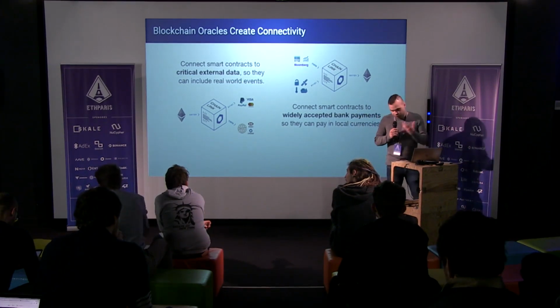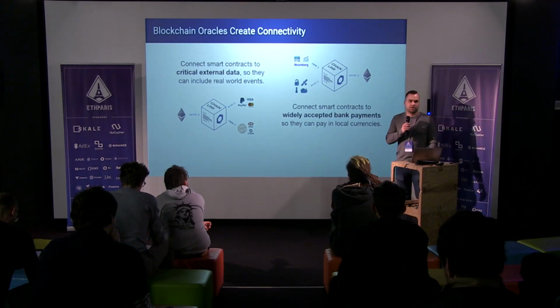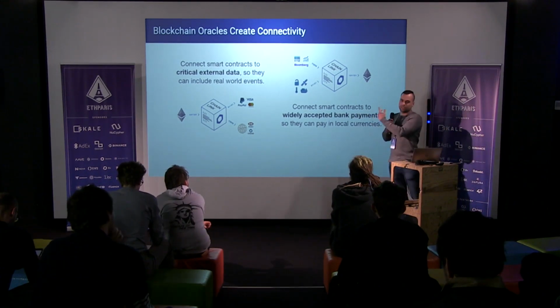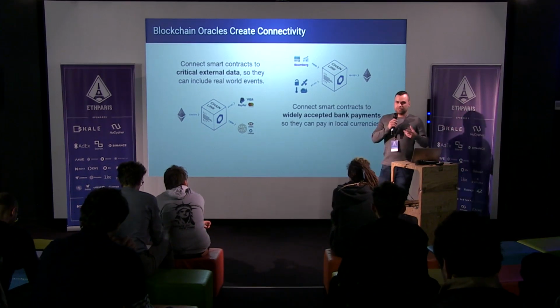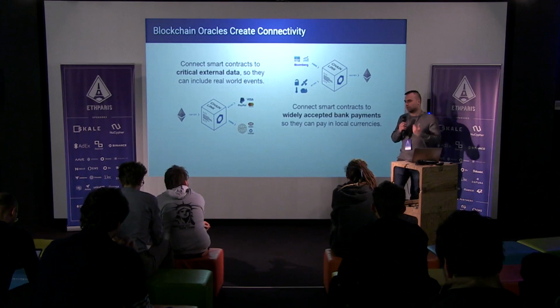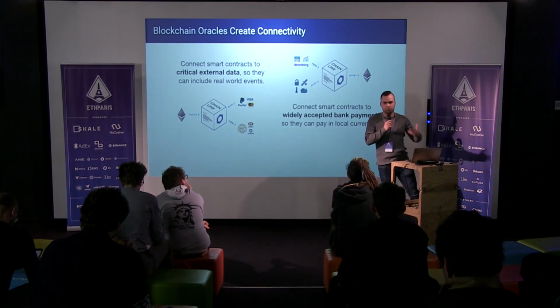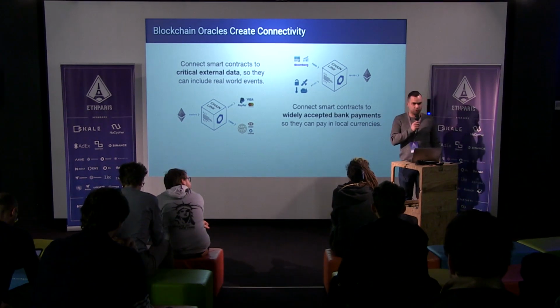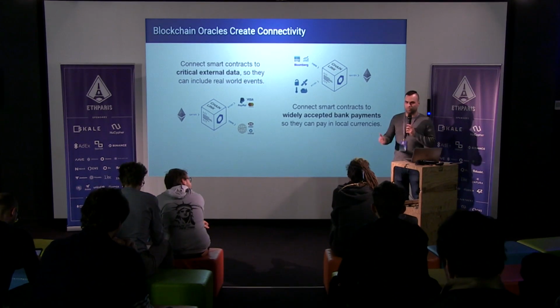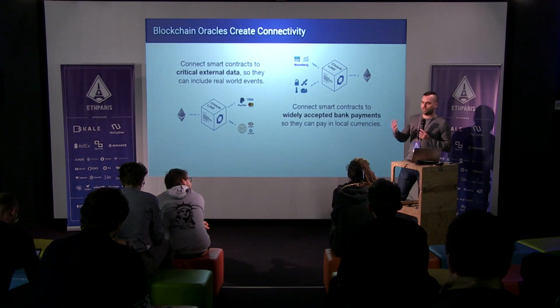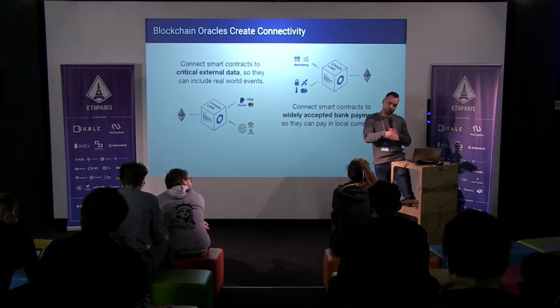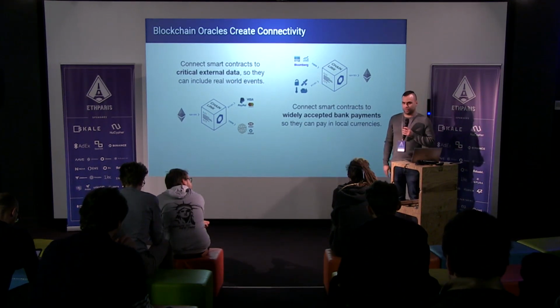And as well as that, a big issue with adopting smart contracts in general is not being able to connect to typical payment providers. Like, if you want to send someone actual fiat money, whether that is USD, the pound, euro, whatever, you cannot do that currently in a smart contract. You have to use some form of wrapped token, whether that's DAI or any other sort of stable coin, but then you've still got to be able to get that off, and it's not really user-friendly anyway for anyone who's not really worked with crypto.